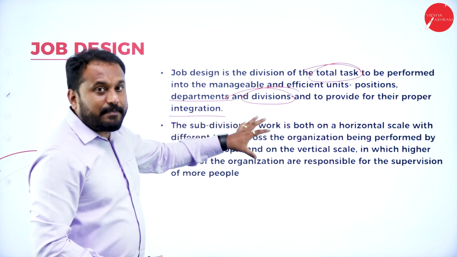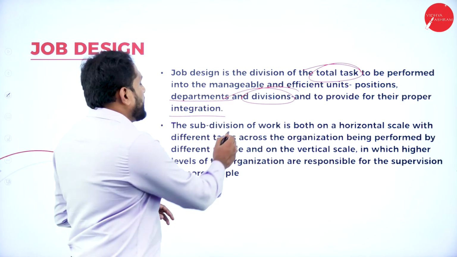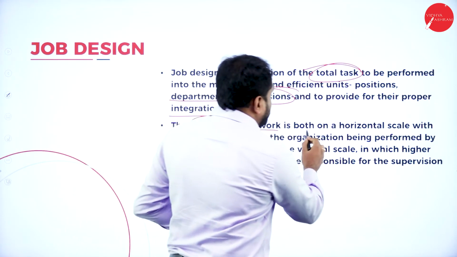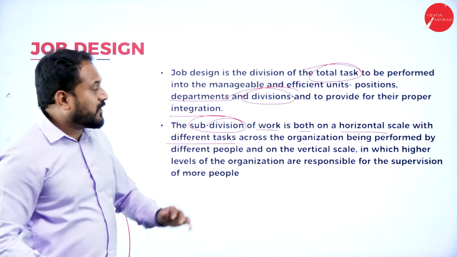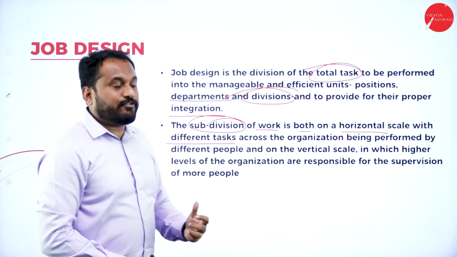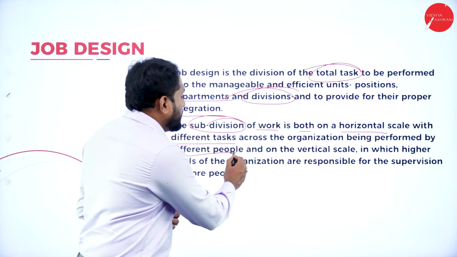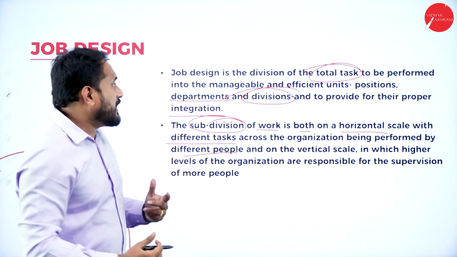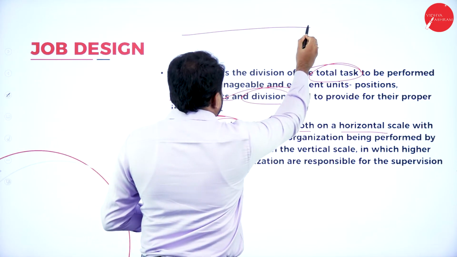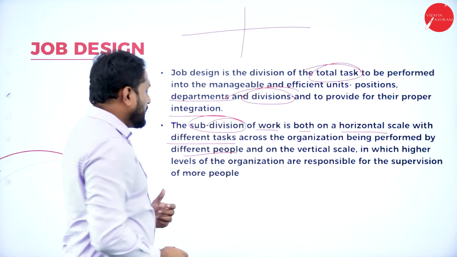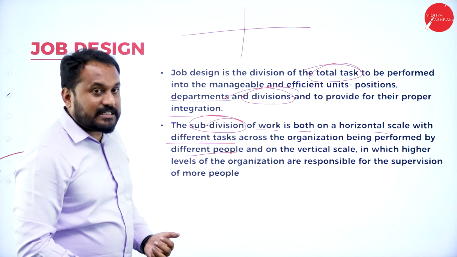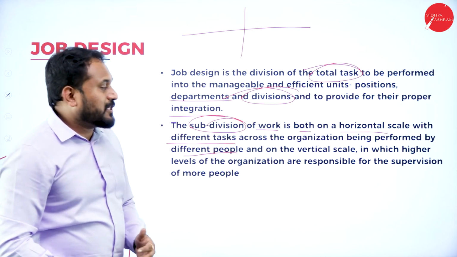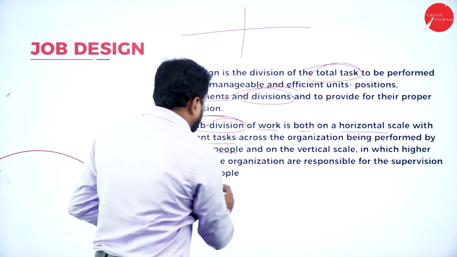When we go with job design here, please understand the subdivision of work is both on a horizontal scale, with different tasks across the organization being performed by different people, and on the vertical scale. So you have horizontal and vertical, in which higher levels of organizations are responsible for the supervision of more people.